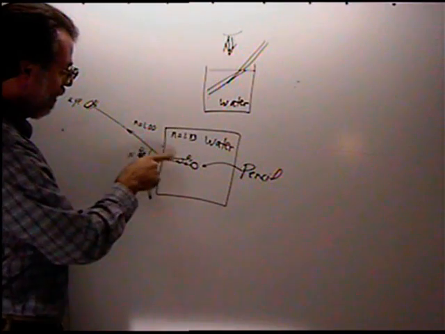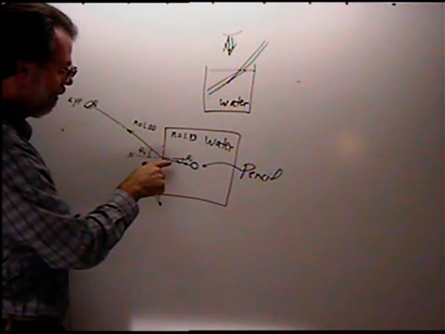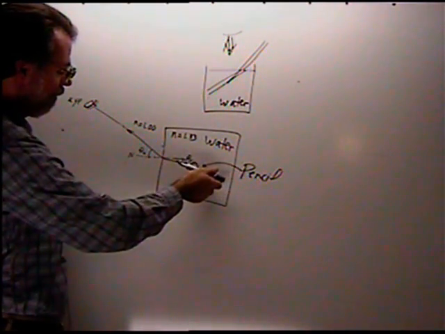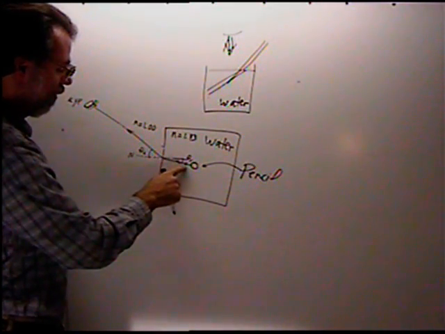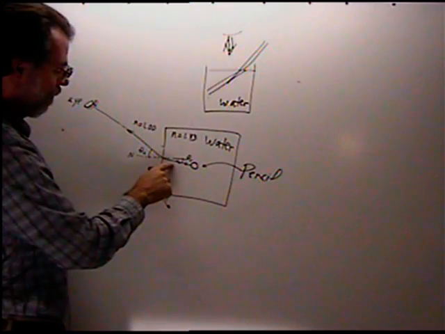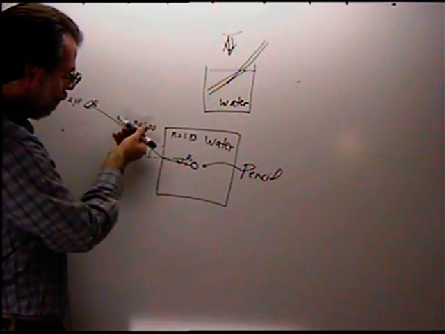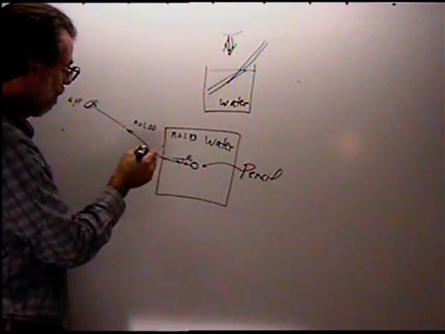This is just Snell's law. The ray of light comes from the water, where the index of refraction is 1.33, and then it bends outward because of Snell's law.